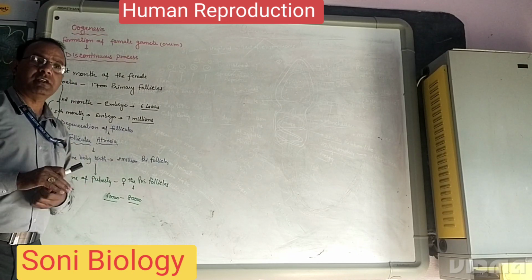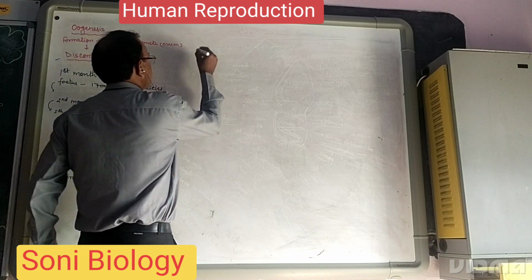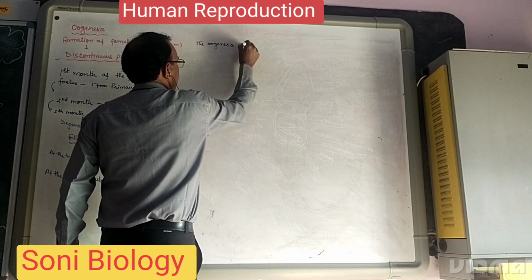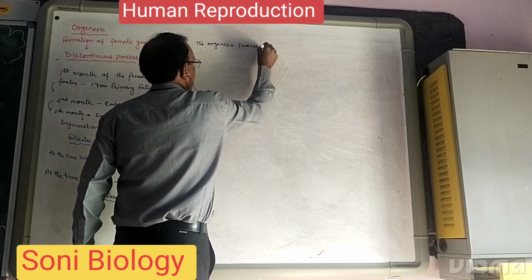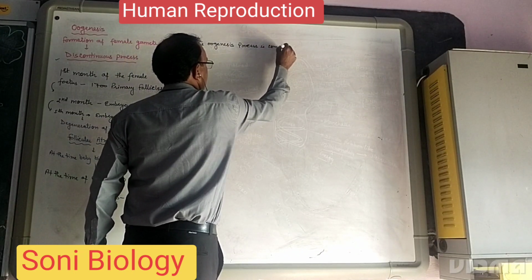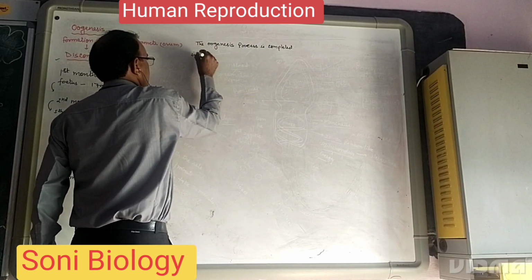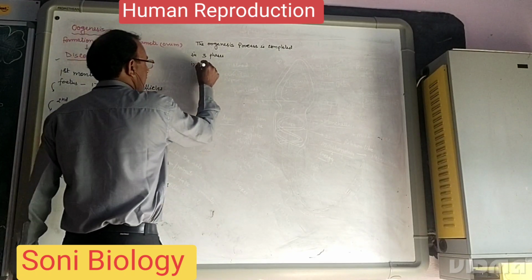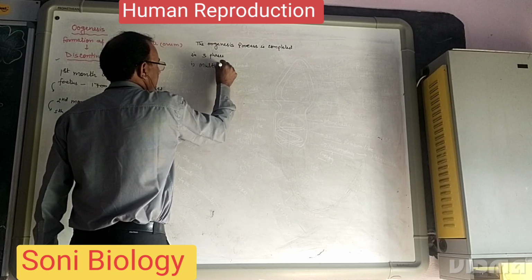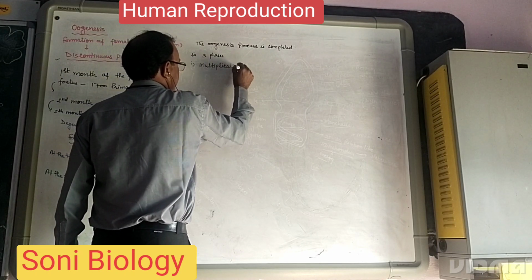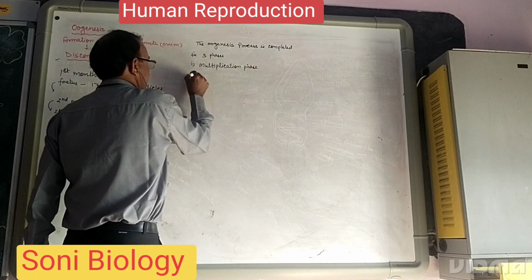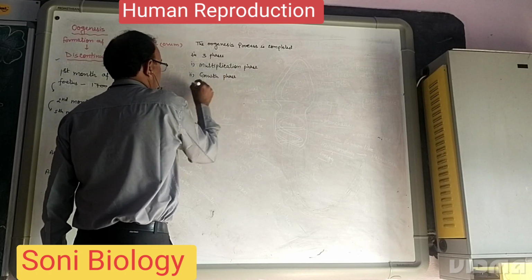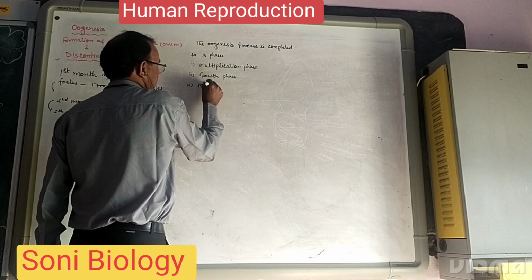The oogenesis process is completed in 3 phases, and those 3 phases are: first is the multiplication phase, second one is the growth phase, and third one is the maturation phase.